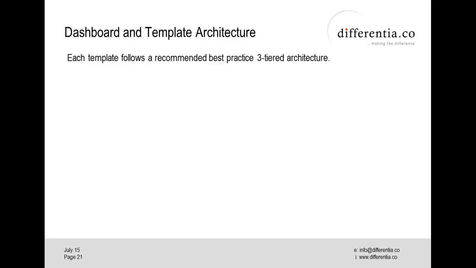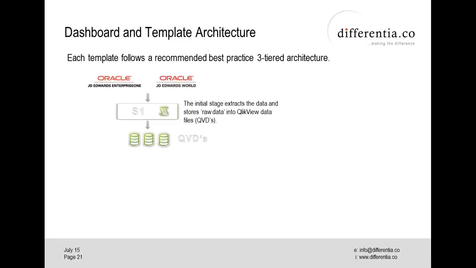So each of our templates follows a best practice 3-tier architecture. So we have the first stage. This is the extraction. With our knowledge of JD Edwards, we know which tables we need to extract for each of the different modules. We load the raw data as it is using simple SQL select statements on your database.